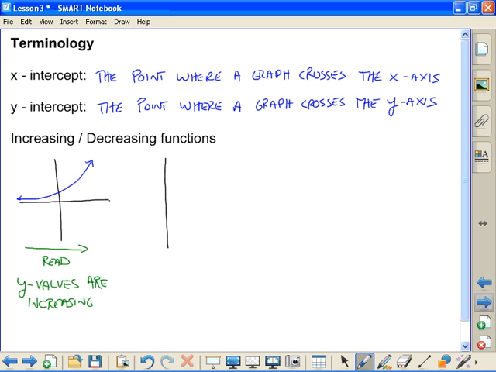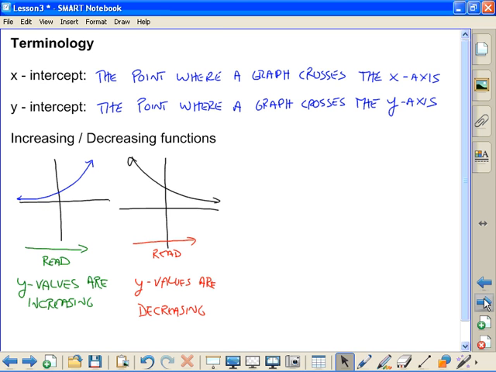And inversely, if I had a function that looked like that, again, we're reading it the same way you'd read a book. So as you move your eyes from left to right, the y values are decreasing. Okay. So we're looking at whether the y values are increasing or whether the y values are decreasing.